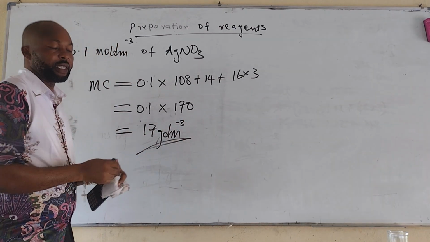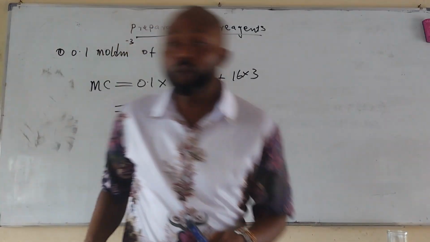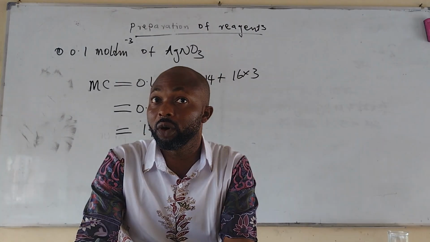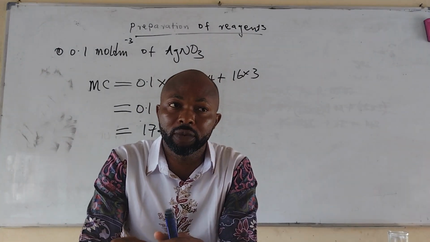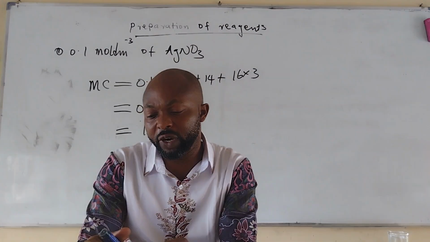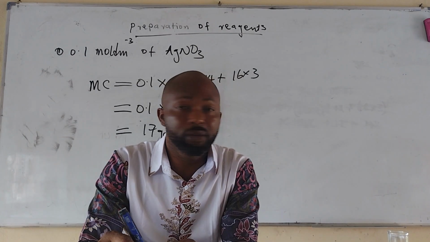So this 17 g/dm³ becomes the value which we're going to dissolve in 1000 ml of the solvent we're dealing with. It could be water, methanol, or any solvent of our choice as prescribed by the manual.